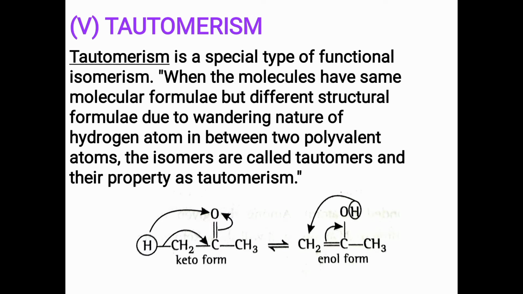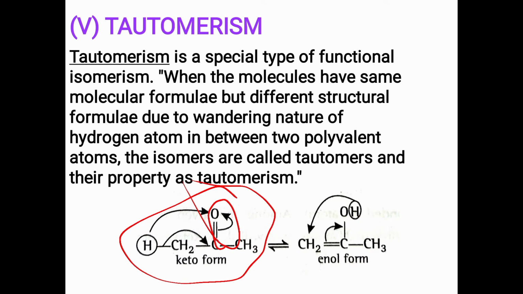Here you see this is the keto form, that is the C=O form, and here it becomes the enol form. Meaning the keto C=O is converted to an OH group, that means an alcoholic group. And enol means 'ol' is OH and 'en' is a double bond, carbon-carbon double bond. This is the en group and this is the ol group. So it becomes the enol form.